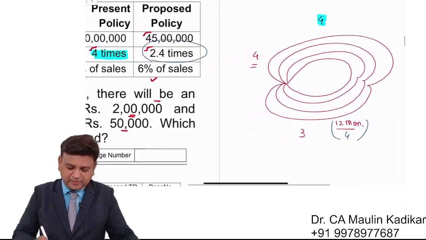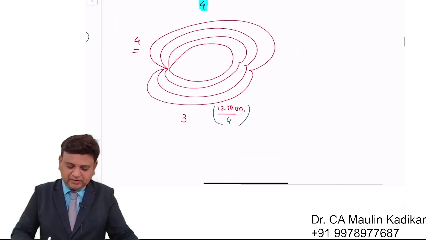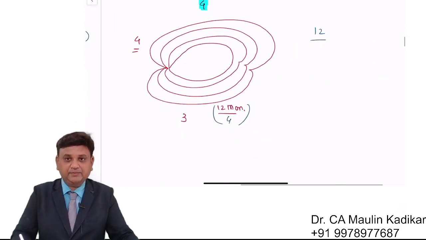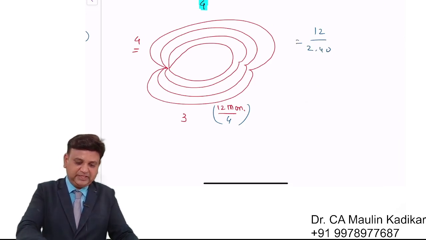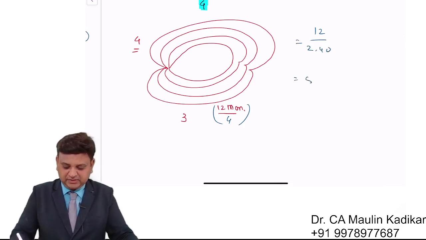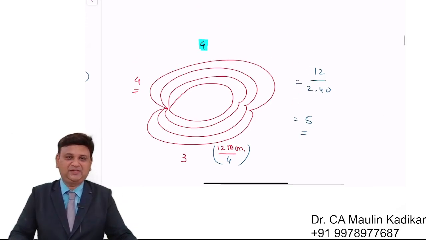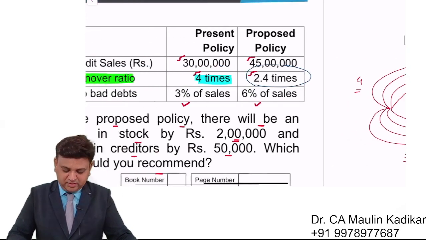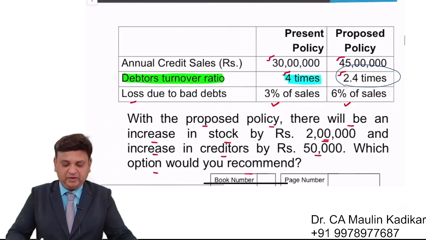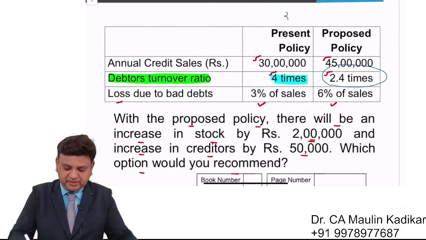And later on it is 2.4, so it is 12 divided by 2.4, which comes to 5 months. That is the way the collection period is calculated. So one new way of giving information is the collection period: 3 months and 5 months.